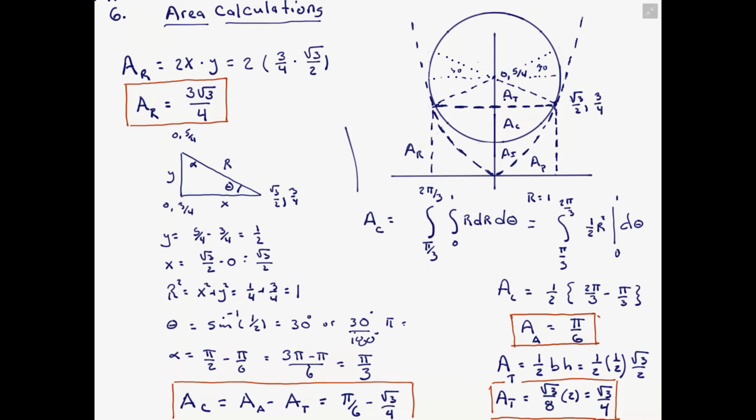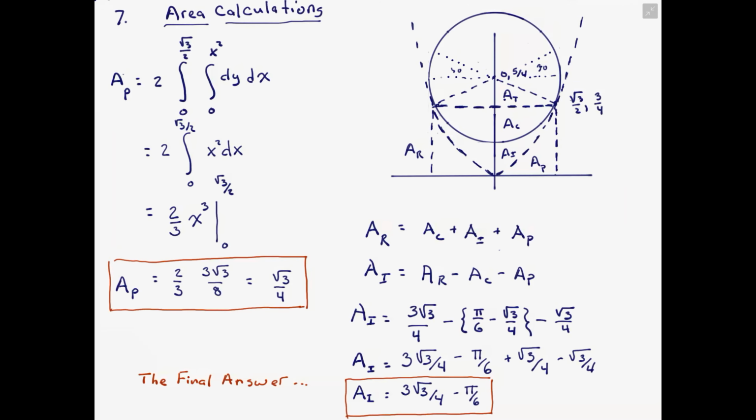But A sub C is the area of the wedge-shaped pie of the circle, and we have the angular limits that we have gotten from the triangle A sub T. And so with that, we were able to get the area of the arc, and subtracting the area of the small triangle, A sub t, from the wedge-shaped pie of the circle, we have that boxed in at the bottom center, and that's pi on 6 minus square root of 3 on 4.